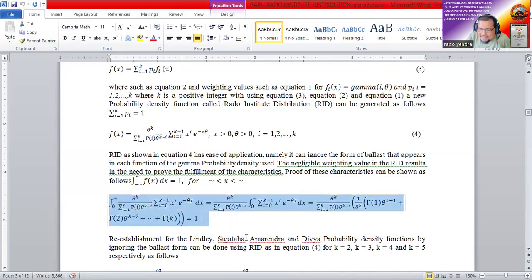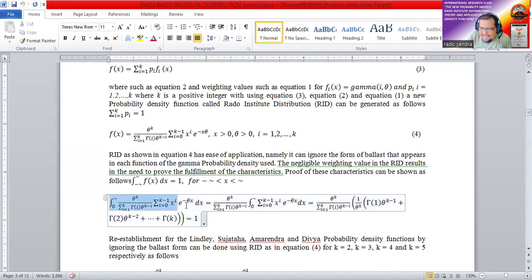From this equation, you can see I block this one. You can see we succeed in proving the integral of the density function is equal to 1.